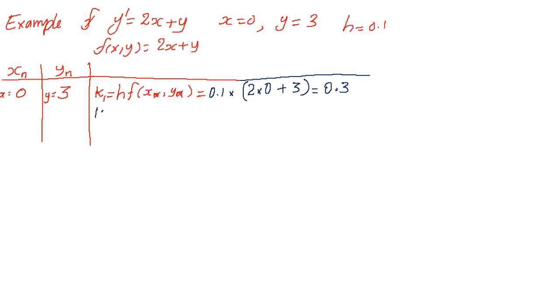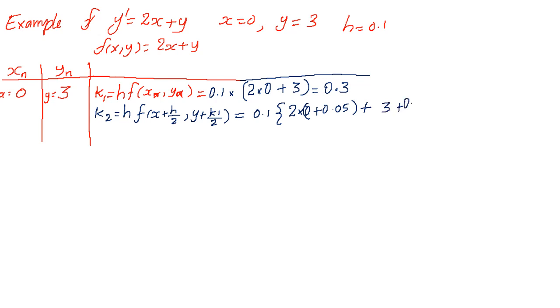Once k1 is obtained, we will calculate k2, which is h into f of x plus h by 2, y plus k1 by 2. This can be evaluated as 0.1 into our function 2x plus y. The present value of x is 0. So 2 into 0 plus h by 2, that is 0.05, plus our y value, 3 plus k1 by 2, that is 0.15.